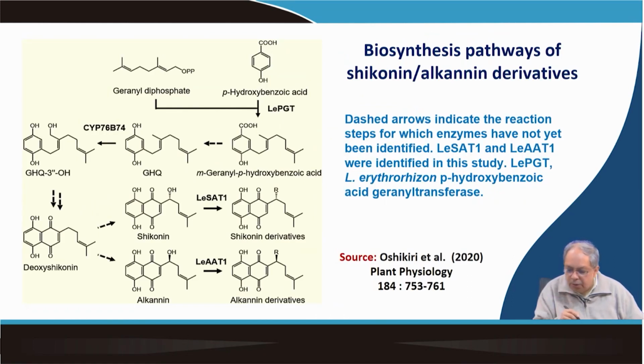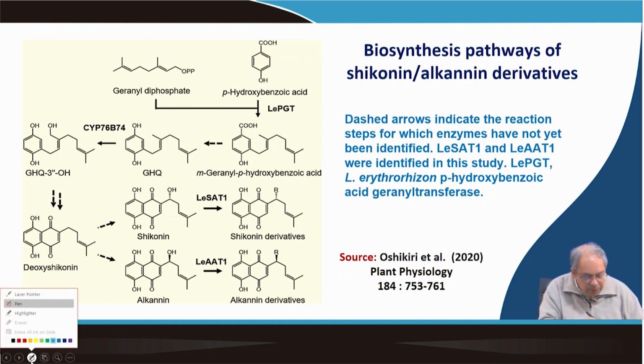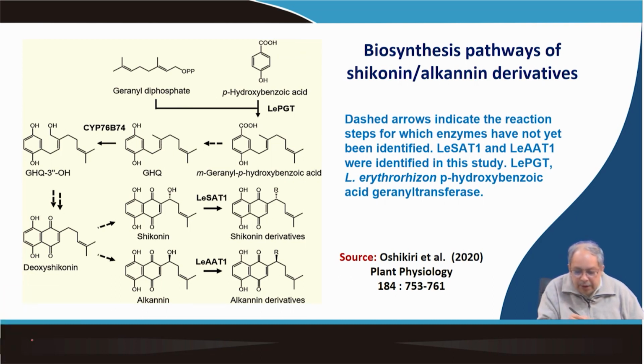Much later another paper was also published, where they say that shikonin acetyltransferase has been characterized from the pathway. LE means Lithospermum erythrorhizon, and it basically converts shikonin to other shikonin derivatives.